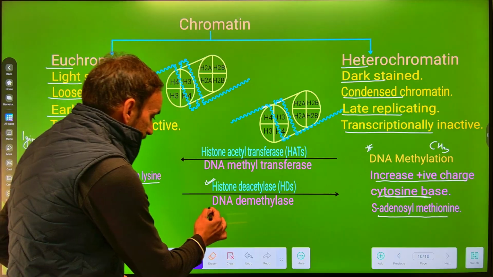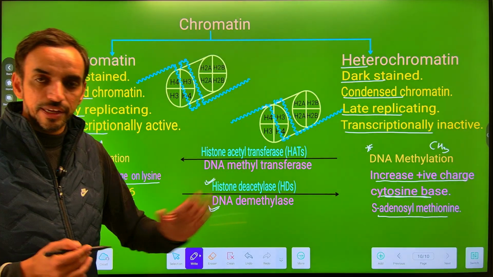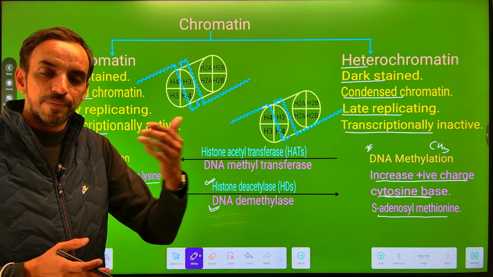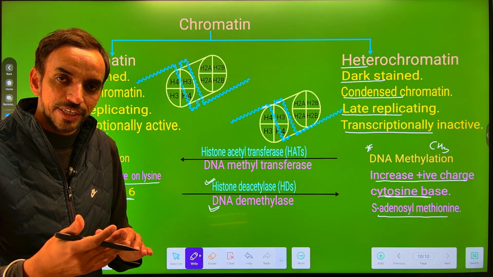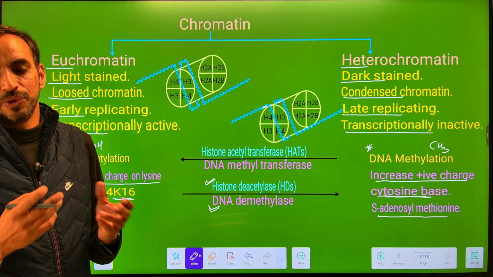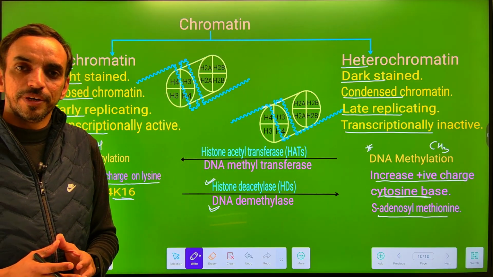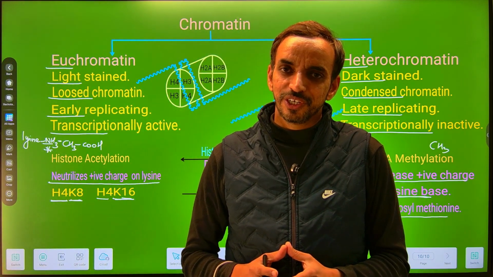The other enzyme which carries out the reaction in this direction is DNA demethylase, which removes the methyl group from the DNA. Similarly, the removal of the methyl group from the DNA increases the negative charge on the DNA, and again there is a tight binding of nucleosome and the DNA, and there is a conversion of DNA into the heterochromatic form. So this is all about the genome organization in case of eukaryotes.